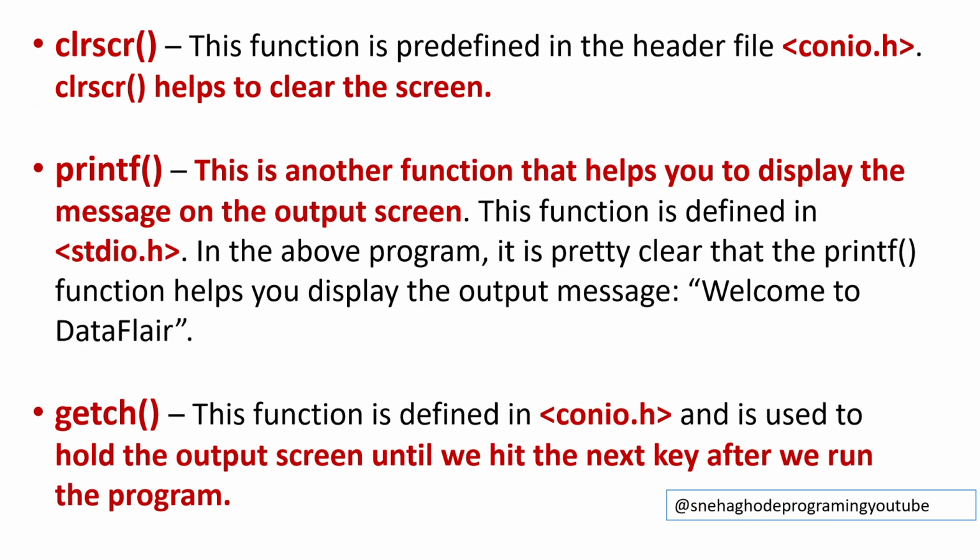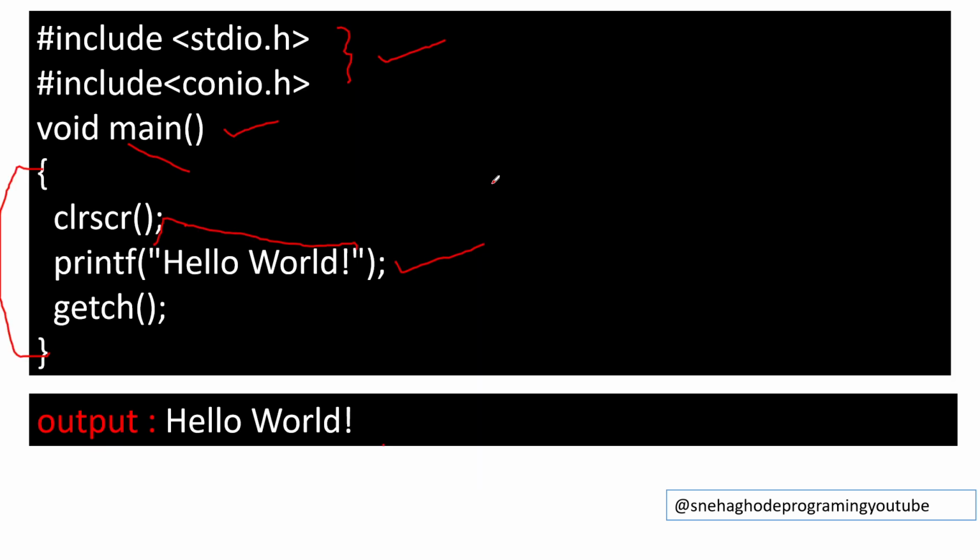Again we'll move to this program. Here you can see this #include preprocessor that we have to include over here. Then after that we have to use the semicolon to terminate the program line.